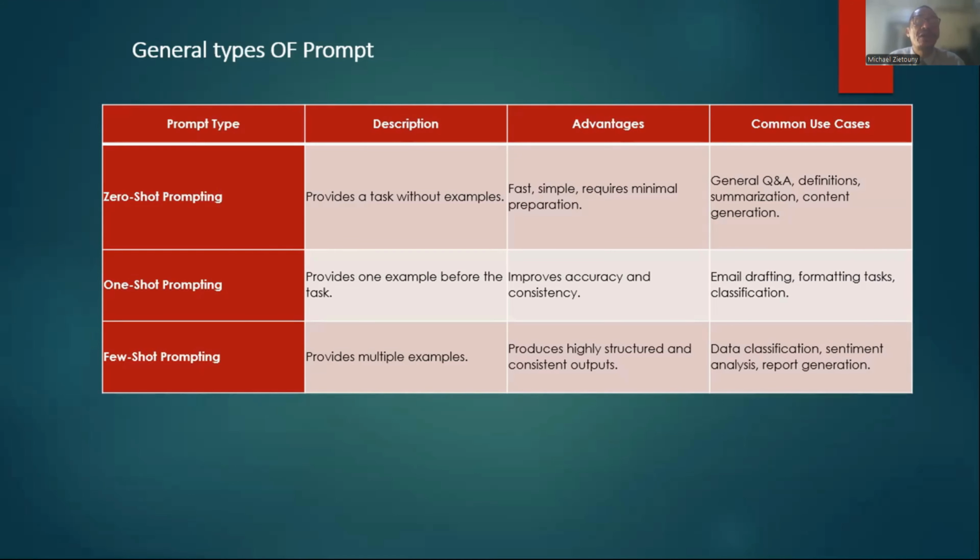One-shot prompting provides one example before the actual task is implemented. It improves accuracy and consistency, with usage in email drafting, formatting of tags, and classifications. Few-shot prompting provides multiple examples and produces highly structured and consistent output, meant for data classification, sentiment analysis, and report generation. So these are key instances where you can use those various prompts.